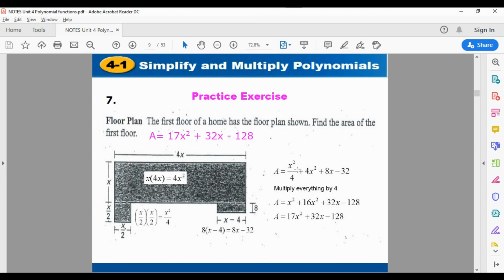So me personally, I would just say 1/4 x squared plus 4x squared. That's either 4.25 x squared or 4 1/4 x squared or 17 over 4 x squared, and leave it at that. They scale this because, first of all, this is a scale model, so it's a little bit more okay. And that gets rid of this fraction, and then it becomes a lot easier to see, okay, you just combine these two terms, and that's how they come up with their answer.